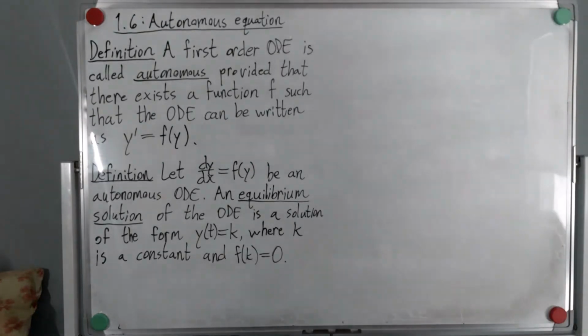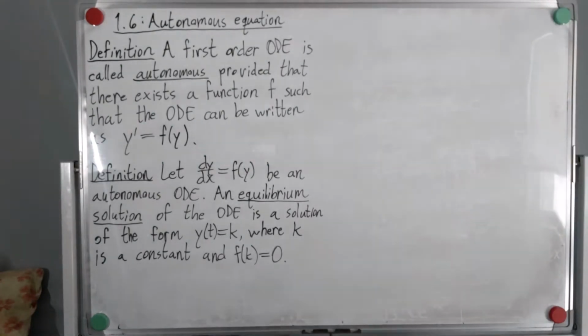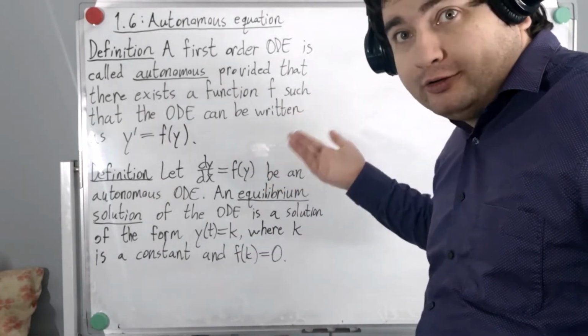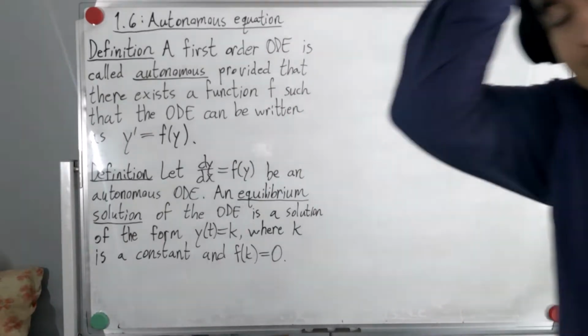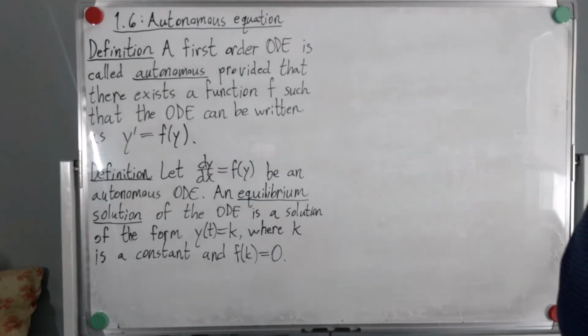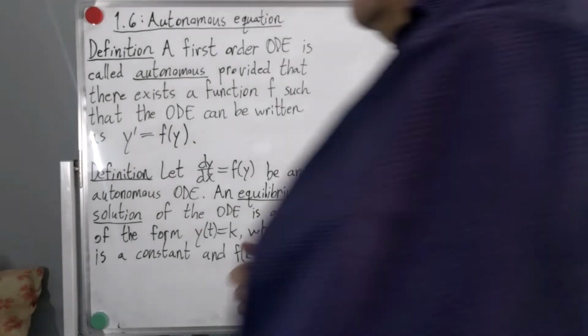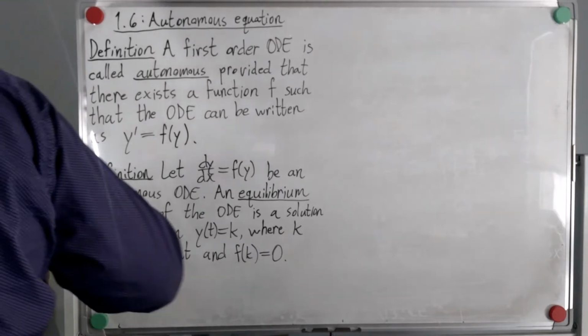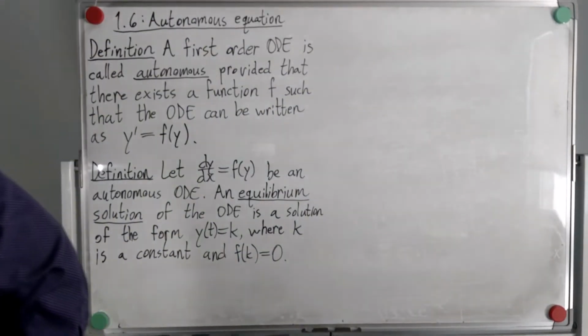Okay? In other words, these are just all the solutions that are constant solutions where this f of y is 0. So dy dx is 0. So these are very important for drawing the diagram of solutions.